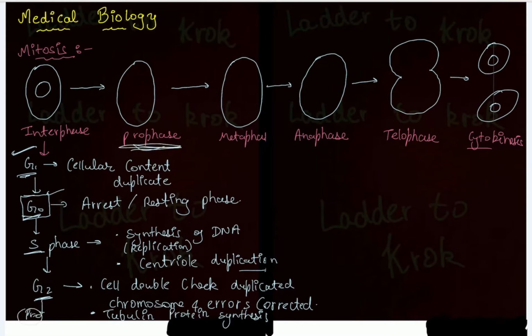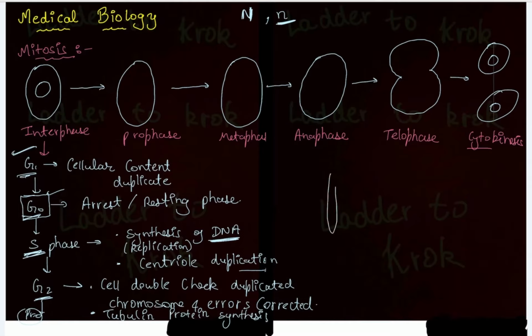Remember one thing from here, that in S phase there is synthesis of DNA. Here we are going to represent the capital N for DNA and the small n for chromosomes. What are chromosomes?